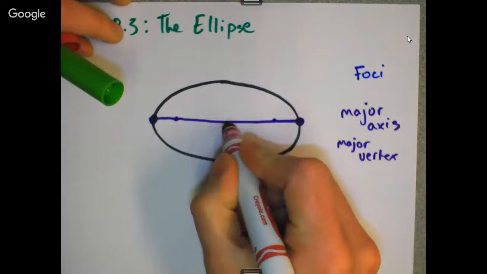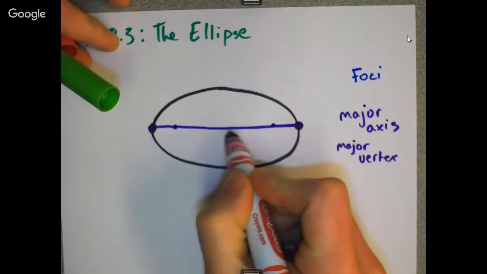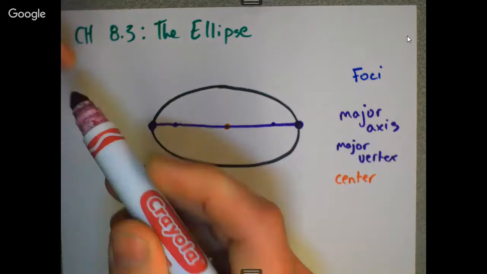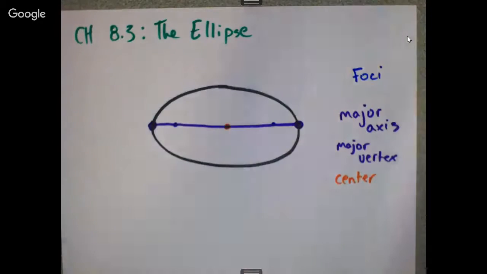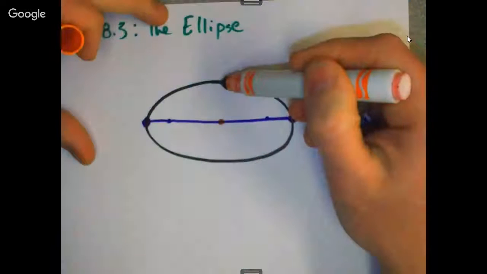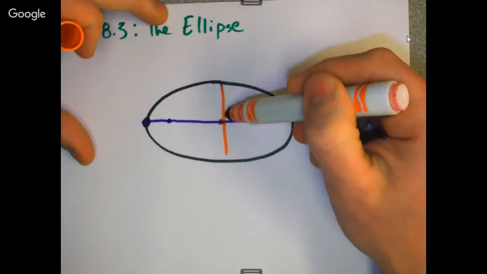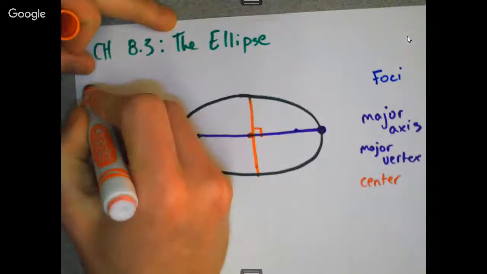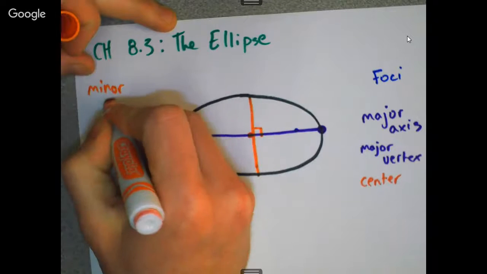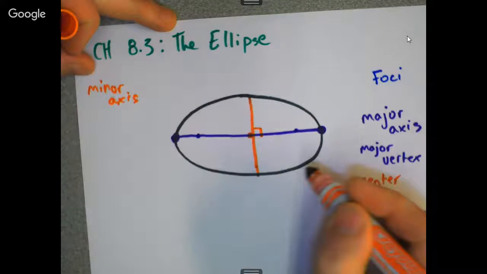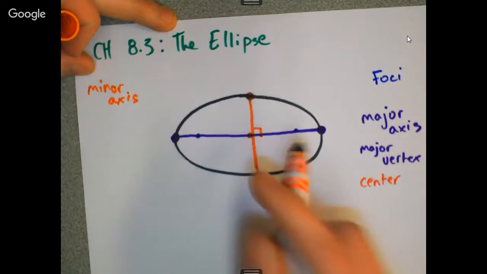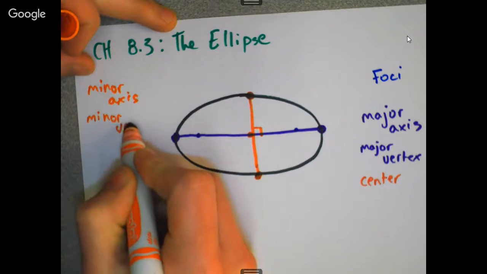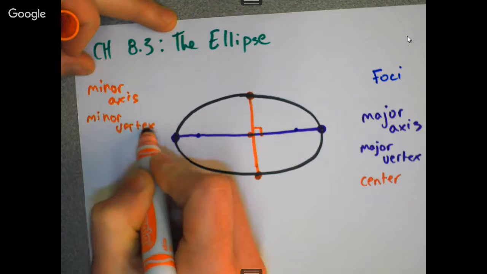This point right here, the midpoint of the major axis, is called the center. You have a line perpendicular to the major axis that goes through the center. It's called the minor axis. And then you have two points that intersect with the ellipse called the minor vertices, or minor vertex.